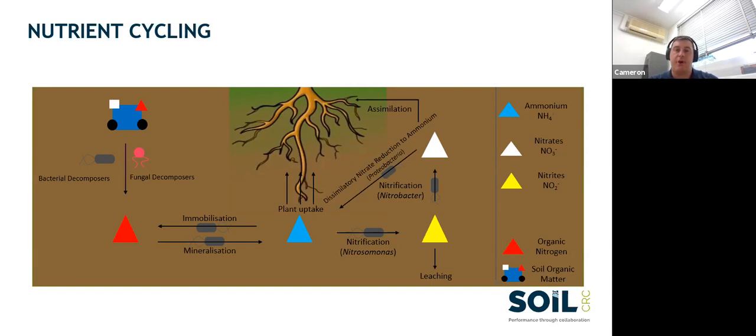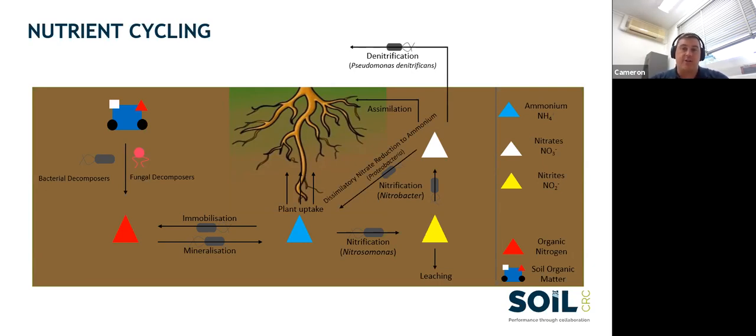At the same time, proteobacteria can then act on that nitrate, and it's a pretty complex process, but it's called dissimilatory nitrate reduction to ammonium. So this nitrate is then converted before it gets taken up by the plants back to ammonium, so it's just like an added step for the plants to access this nitrogen.